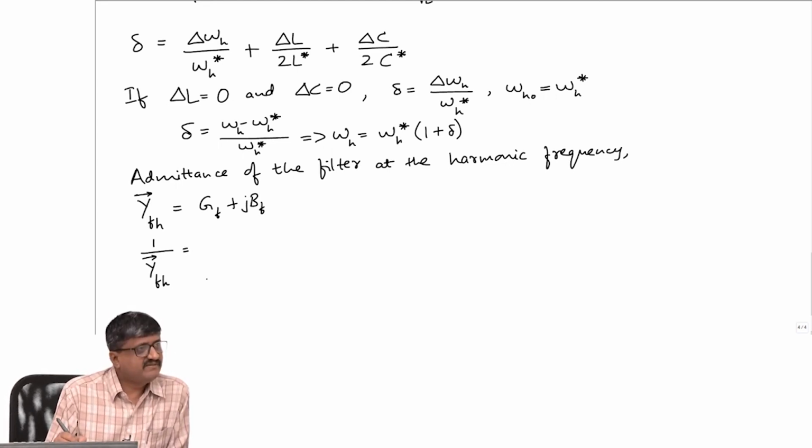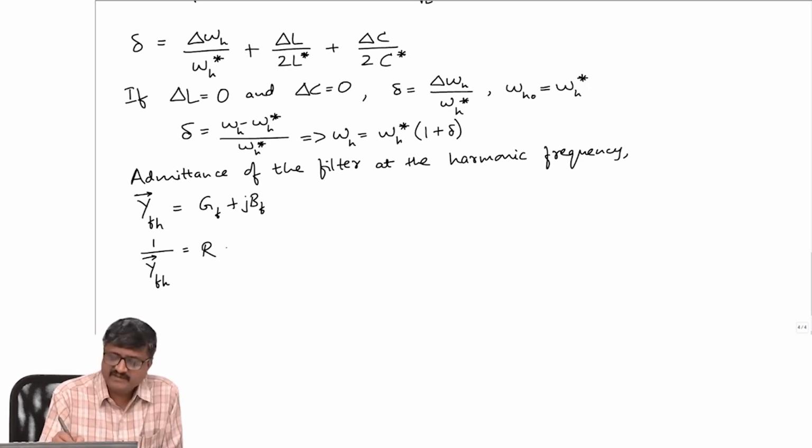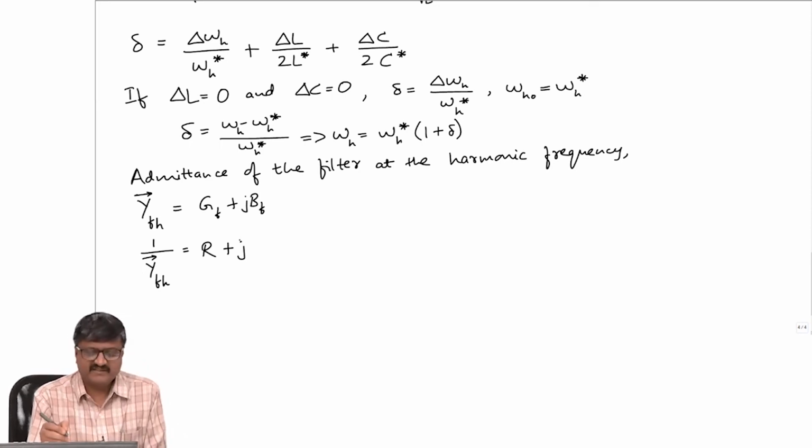So, what is the impedance? Please note GF and BF were not there in the parameters or in the figure of the single tuned filter, but I had said R, L and C. So, the reciprocal of admittance is impedance, which is equal to R plus J times the effective reactance. So, what is the effective reactance?